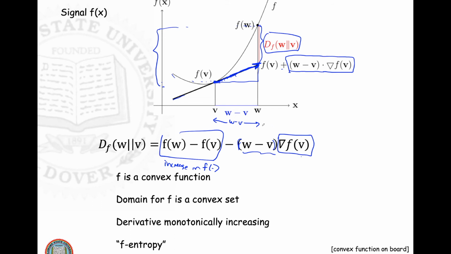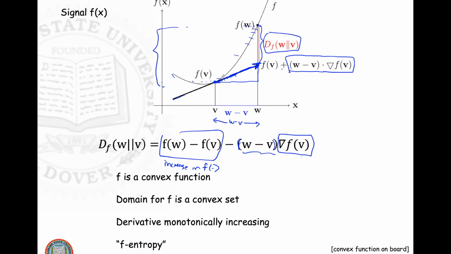And the beauty of this, if you think about what entropy means at the outset, we said it looks at the number of alternatives that a function can take on. And so in this case, we're generalizing that number of alternatives to how the function changes. Because when it changes, going from f of v to f of w, it's going through a set of values in between.